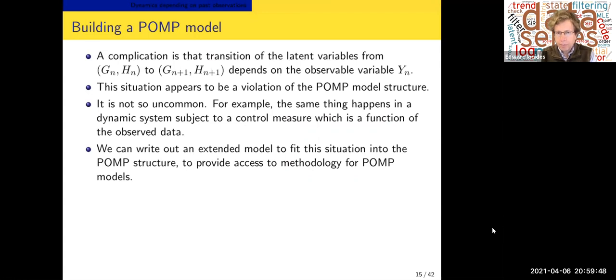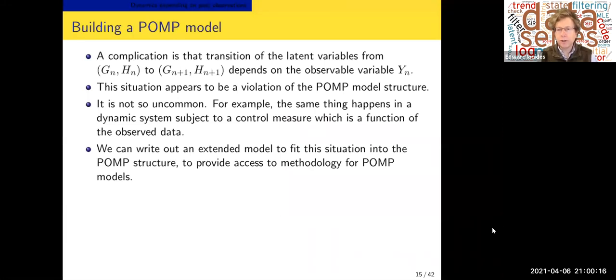As I just mentioned, there's this problem that the Yn enters the dynamics. That's a violation of the POMP structure, because the POMP structure says that the latent process X is going ahead doing its latent dynamics, and then it throws off measurements Yn at each time. This kind of violation isn't so uncommon. For example, it happens a lot when you start modeling control.